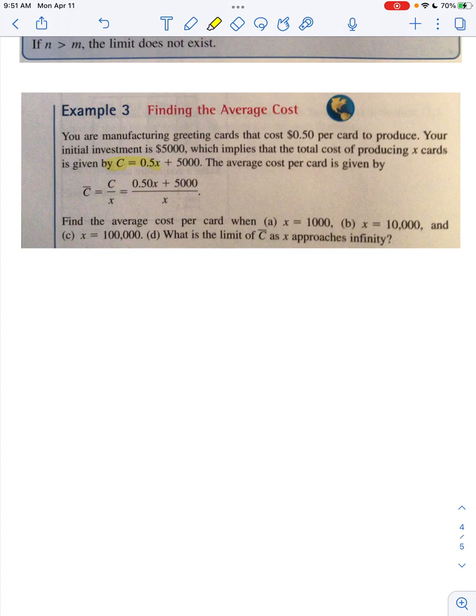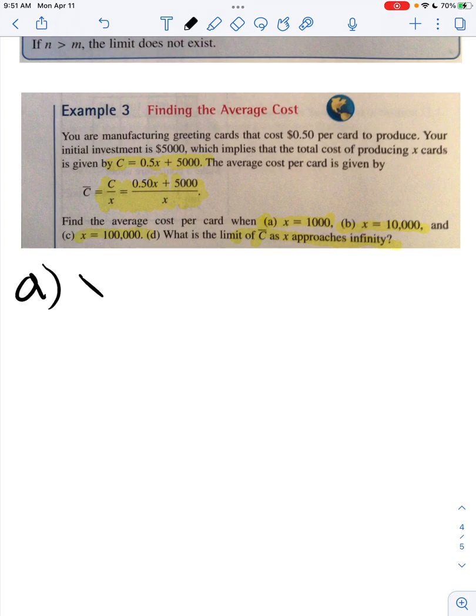Your initial investment is $5,000, which implies that you get this equation right here for your cost. The average cost is shown by this. Again, add it up, divide by how many cards you make. Find the average cost when x is 1,000, x is 10,000, and x is 100,000. What is the limit of C as x approaches infinity?